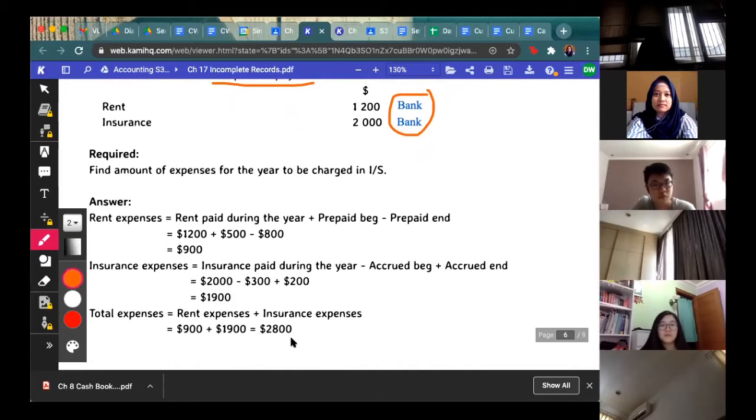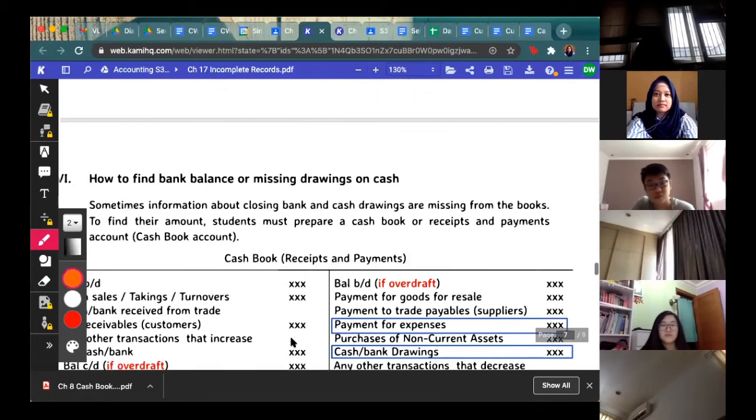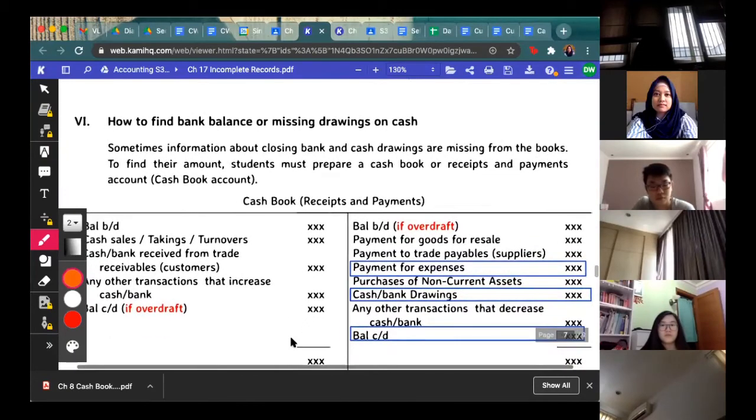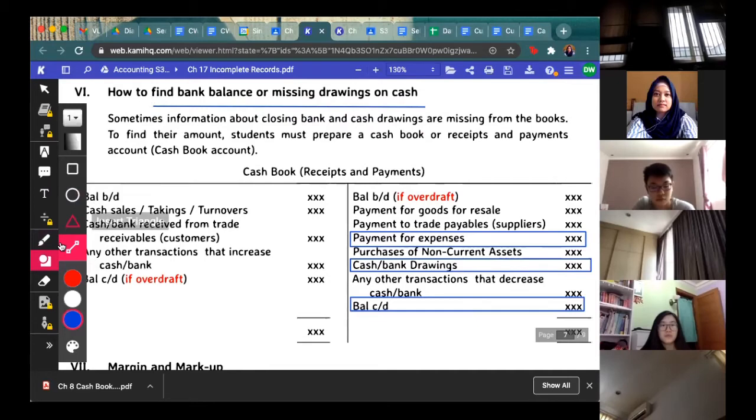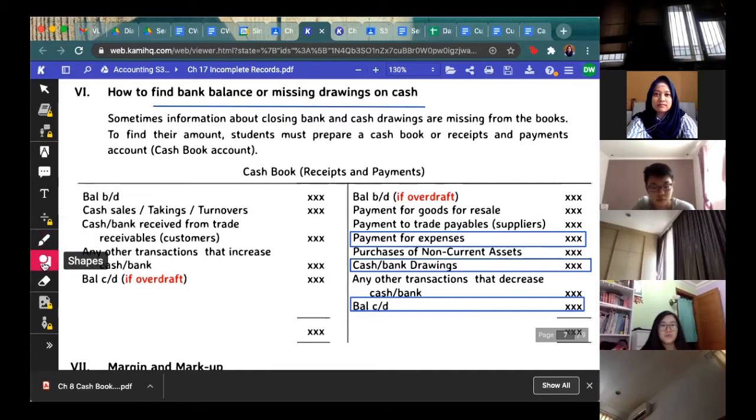No questions? Okay, last one before I give you an exercise. How to find bank balance and missing drawings on cash. For this one, this part is not really clear which one you will be questioned on. You just have to remember what items or transactions can decrease cash or bank or increase cash or bank.